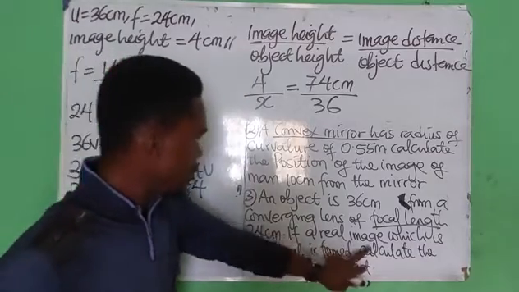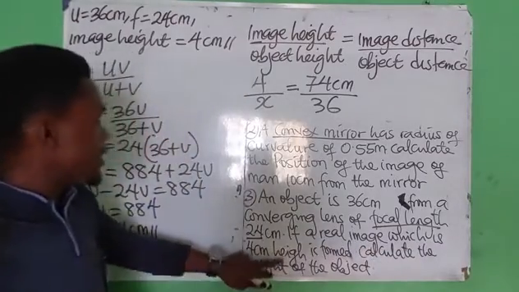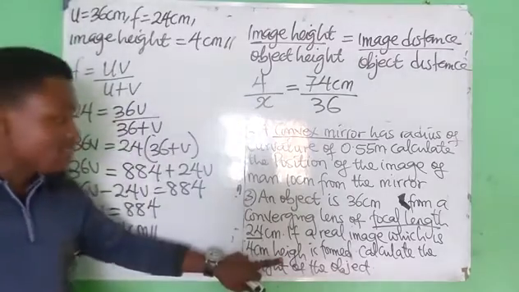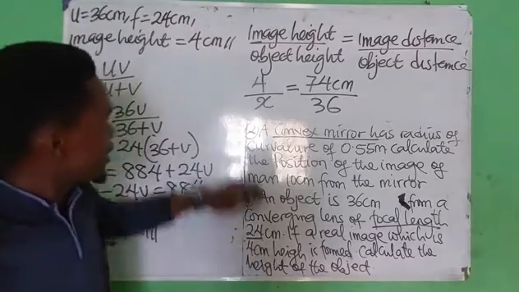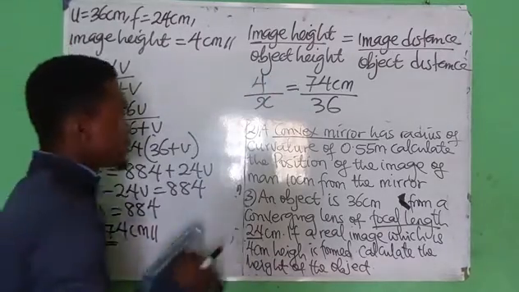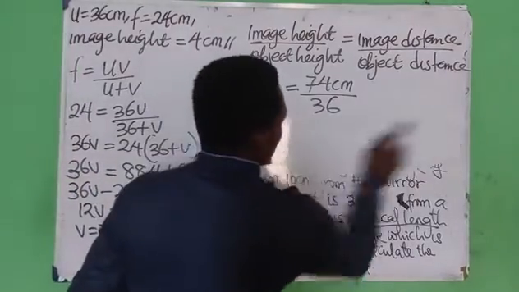If a real image which is 4 centimeters high, that is image height. Yeah, so this thing is confused sometimes. So image height is 4, so we have to calculate for what? The object height. All right. So what do we do next?